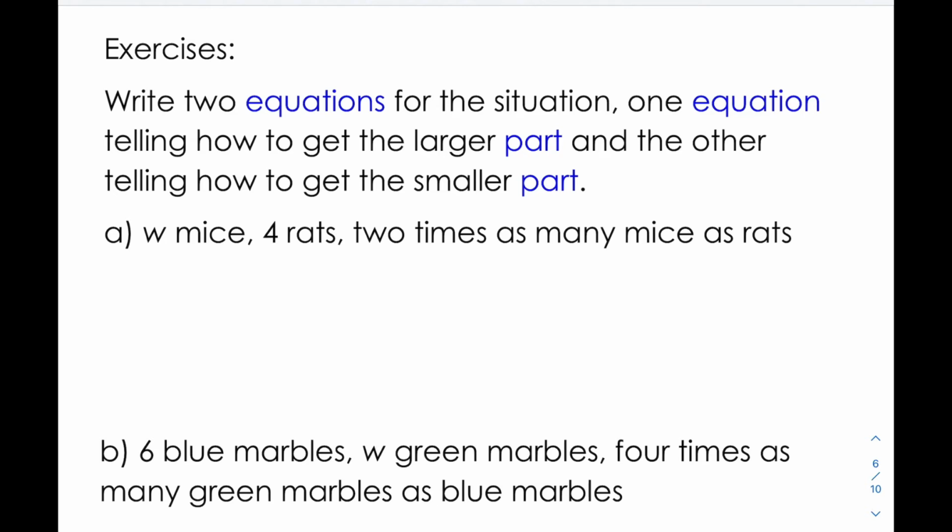Okay, so W, the mice, is equal to 4 times 2. 2 times as many mice as rats. So 4 rats times 2 will give you W.